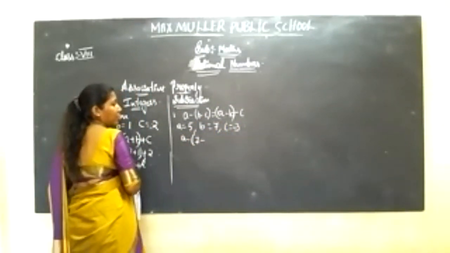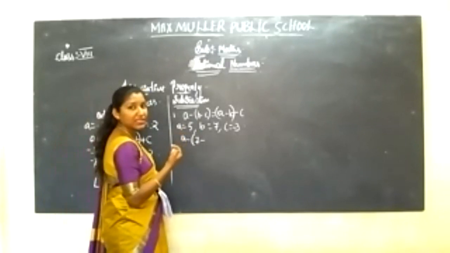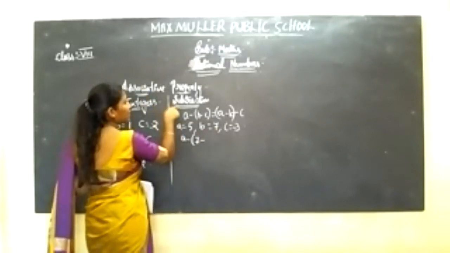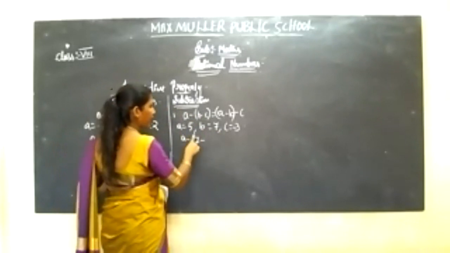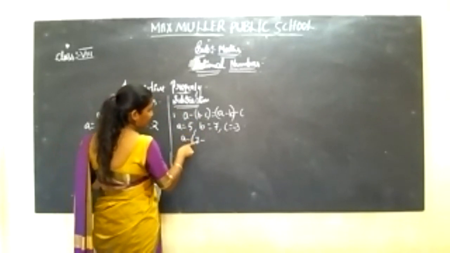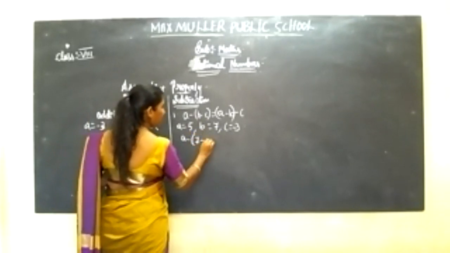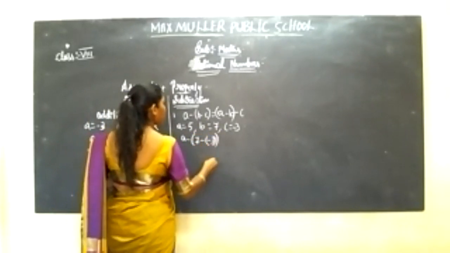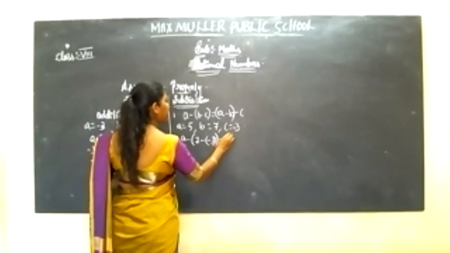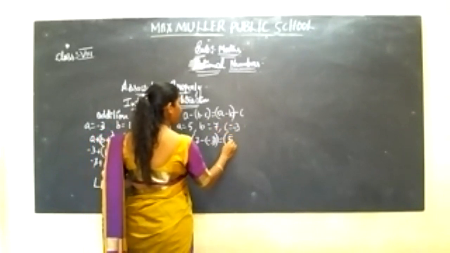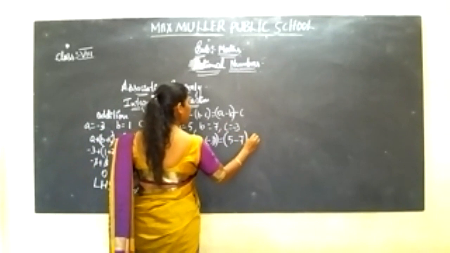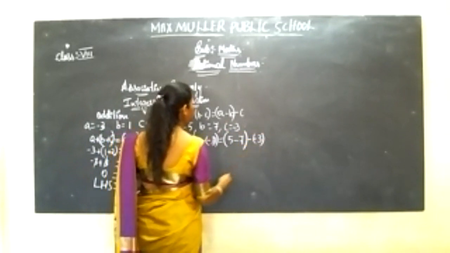So we'll see what answer we get, because we are doing integers, under that, subtraction we are doing, right? So 7 minus, the C term is 3. So it is equal to A term 5 minus (7 minus of minus 3). Correct?